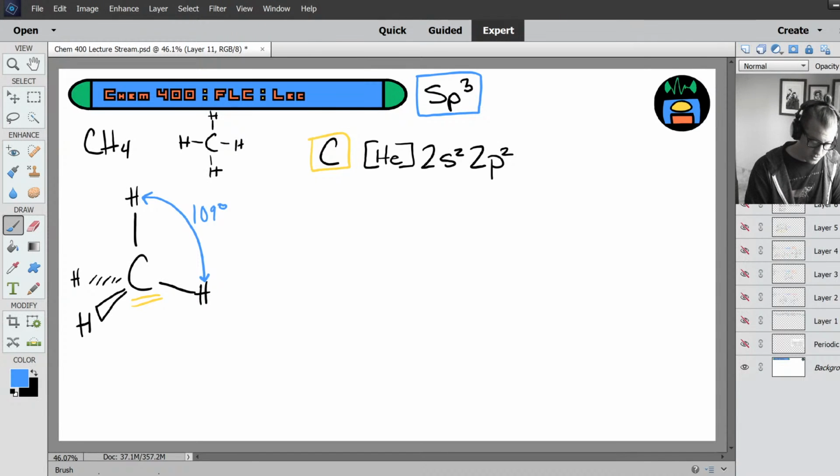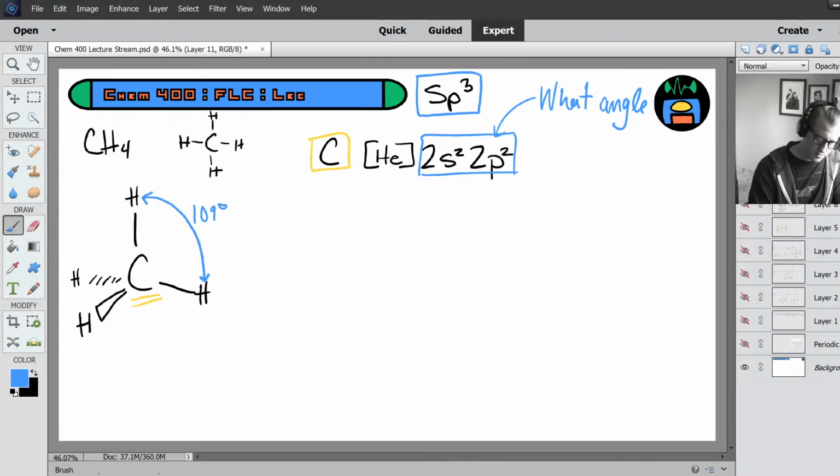Now, let me ask you a question. What angles do these orbitals form?